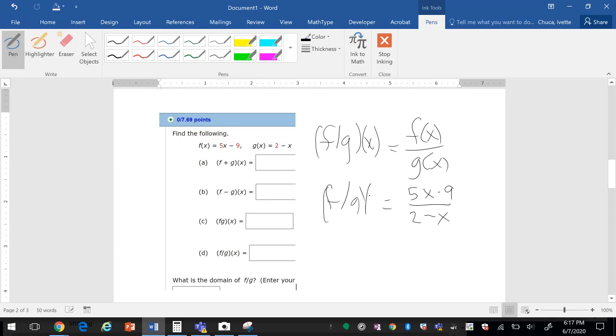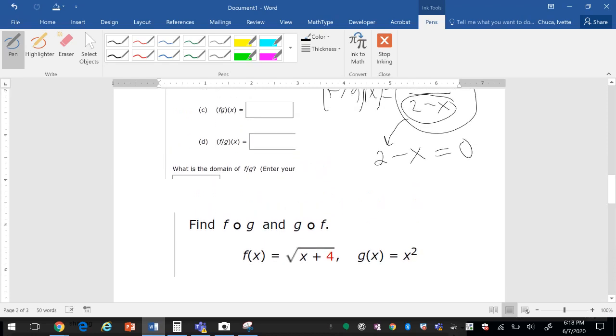You want to simplify. In this case, I cannot simplify this any further. So to find the domain, you want to look at your answer here, and you want to ask yourself, since I have a fraction, there are some numbers that cannot be included in the domain. To find those numbers, we're going to take the denominator, 2 minus x, and set it equal to 0. So we subtract 2.